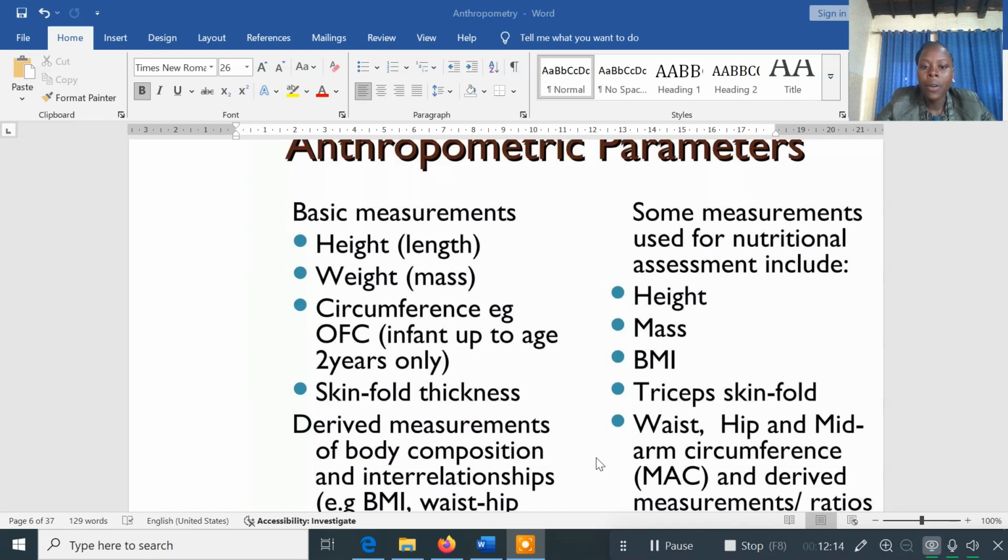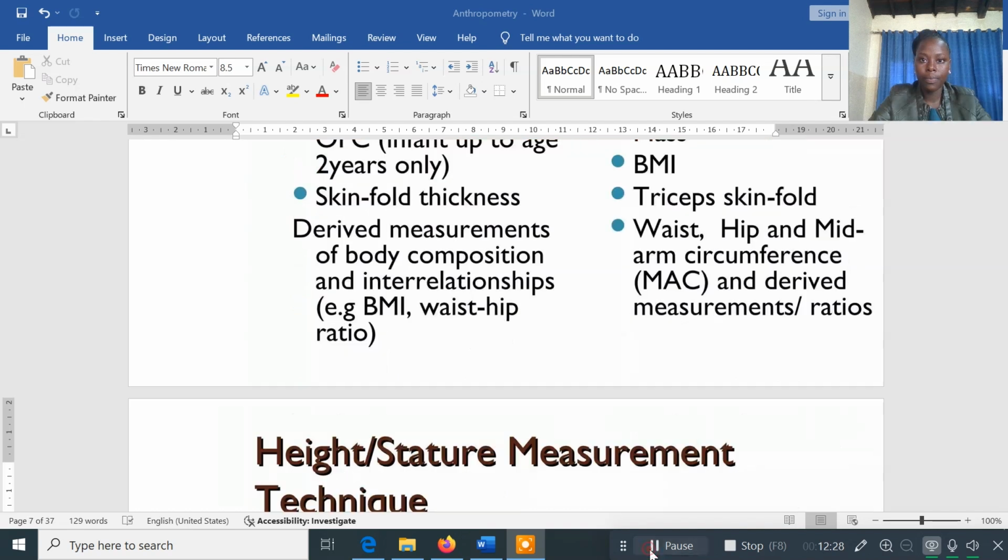So we also have derived measurements of the body compositions and interrelationships. For example, what we call the BMI, body mass index, and also we have the waist hip ratio.